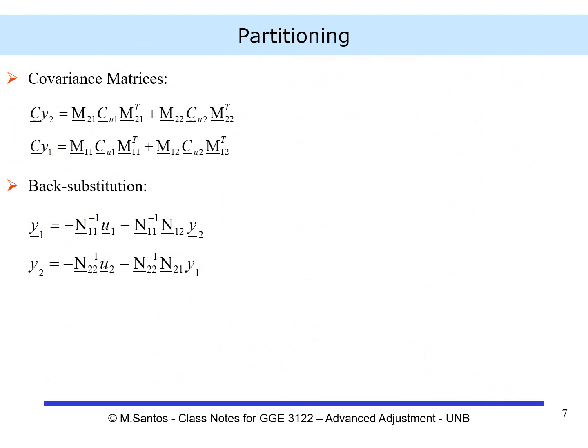The covariance matrices for parameters estimated independently are given by this expression we are showing here without derivation. You should realize that you have some associated text available to you.